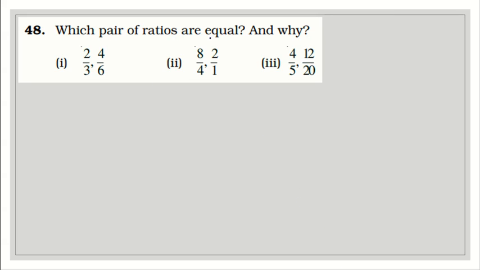Which pair of ratios are equal and why? Here, 2 by 3 and 4 by 6, if you compare, the lowest form of 4 by 6 is 2:3. Therefore we say 4 by 6 is equal to 2 by 3. Okay.